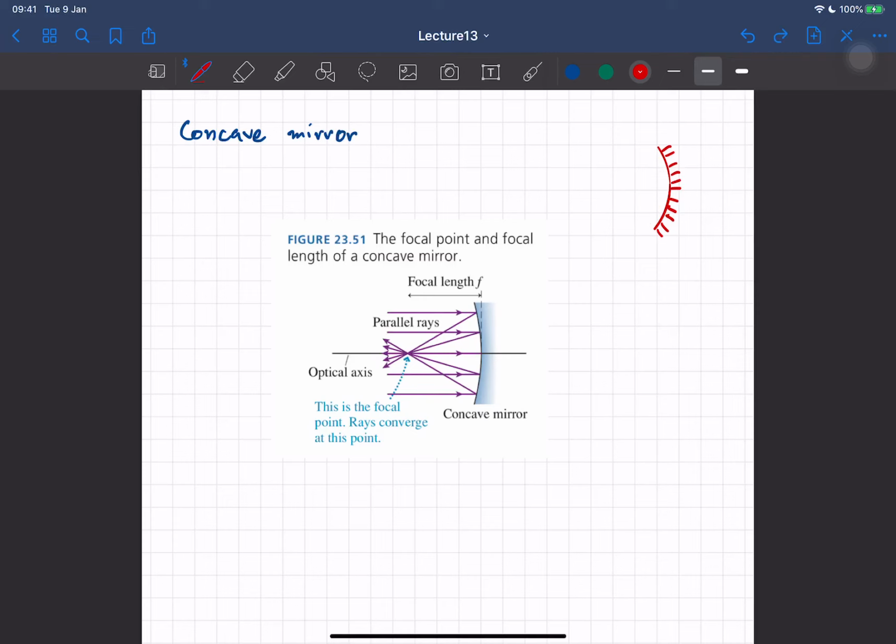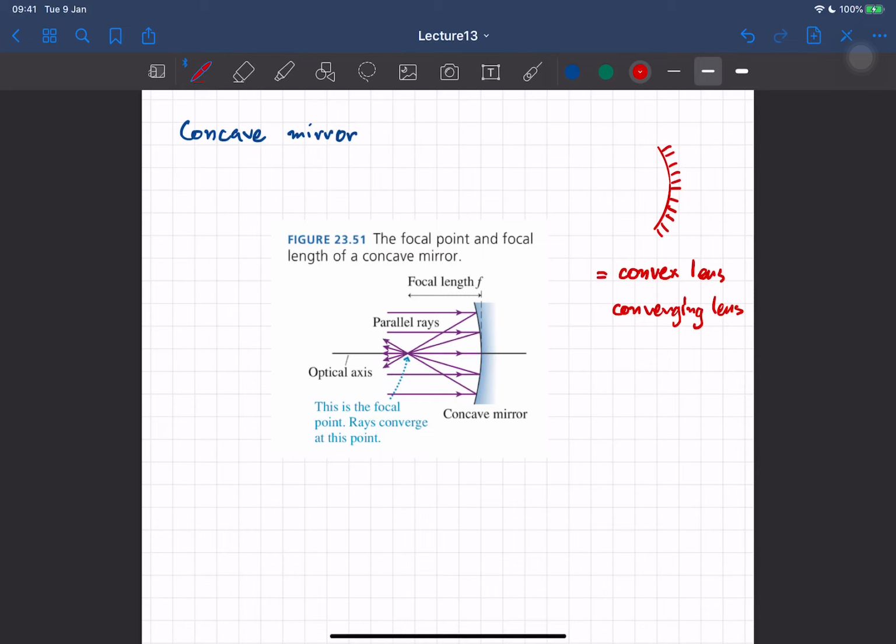You can see that this kind of mirror, which is concave mirror, is going to converge the light rays instead of diverge them. So the behavior of this is going to be similar to a convex lens, or converging lens.